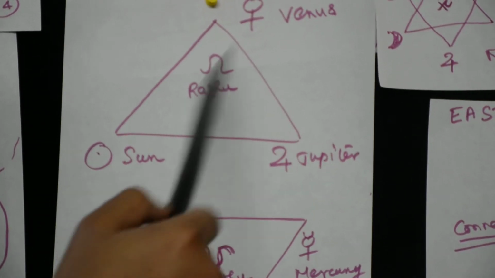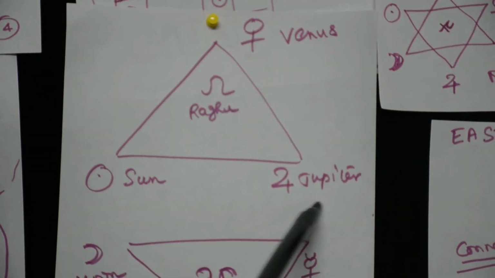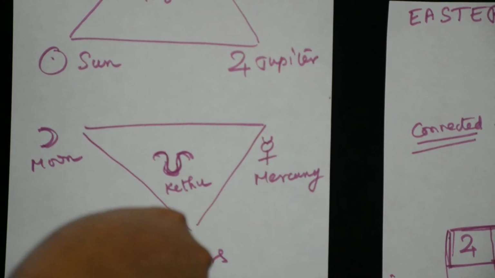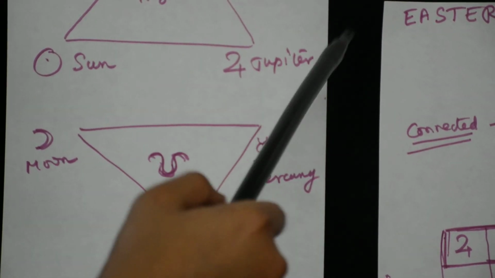So this is called Sun, this is called Venus, this is called Jupiter. And when the part is upright, you have boundary as Moon, outside as Mercury, inside as Mars.